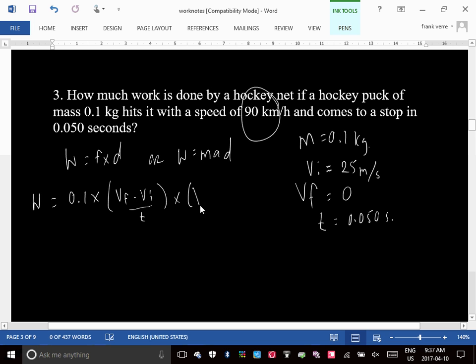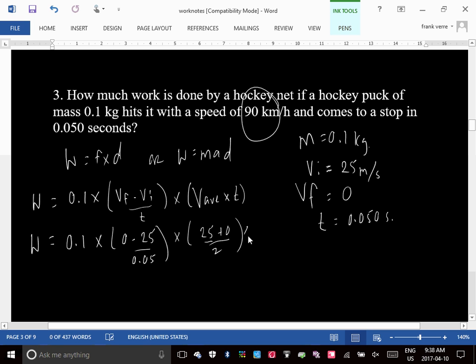Remember that from Unit 1? So how much work is done? You have the mass. What's your acceleration? So it's 0 minus 25 over 0.05 times the average of 25 and 0 over 2 times the time, which is 0.050.